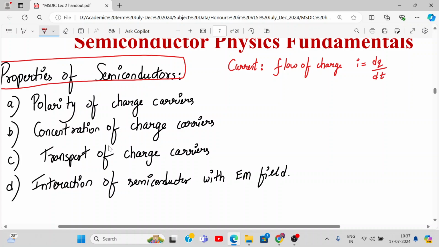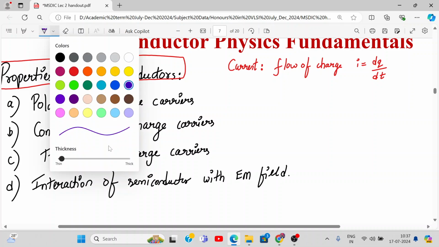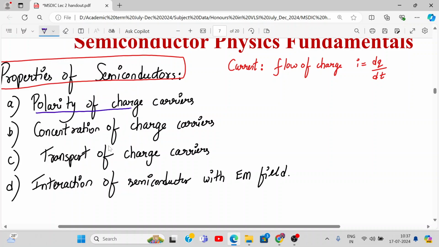Current is the rate of flow of charges. Q is the charge and t is the time. So if there is flow of charges from one position to the other position, that means there is a current flow. Then let's talk about the polarity of charge carriers now.